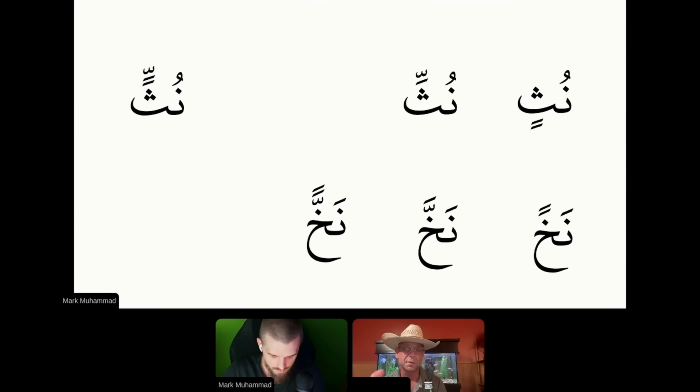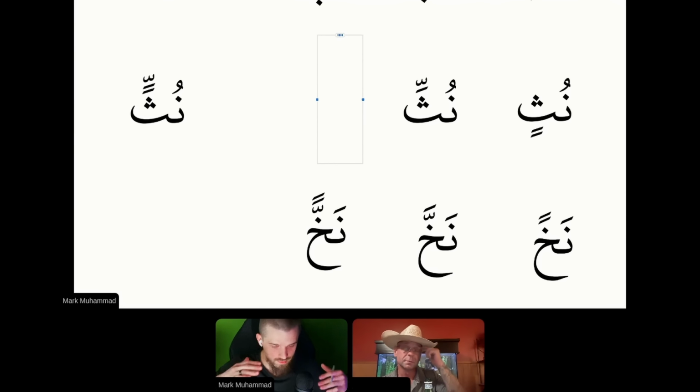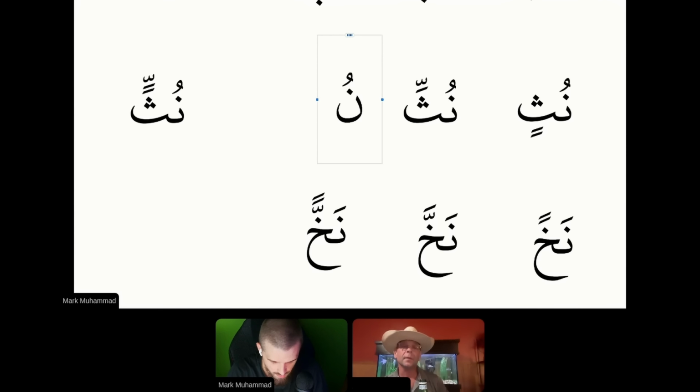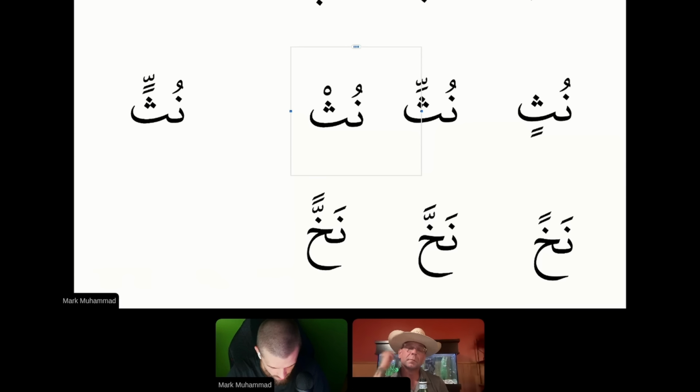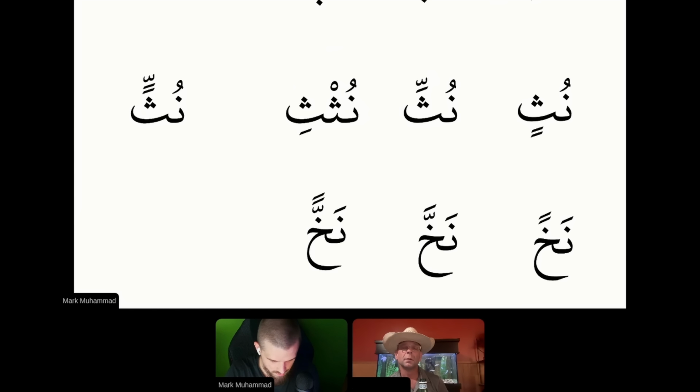So if we were to phonetically represent this, we would have a nu, and then, because the shadda is on the letter tha, a tha with a sukun, and then another tha with a kasra, because this one is underneath, it's a kasra.